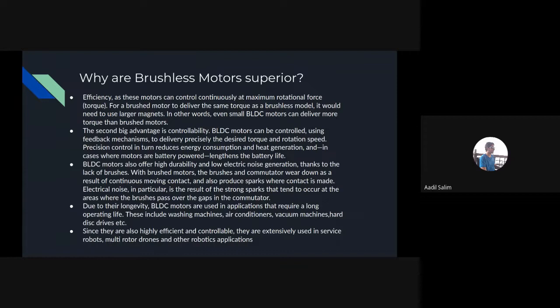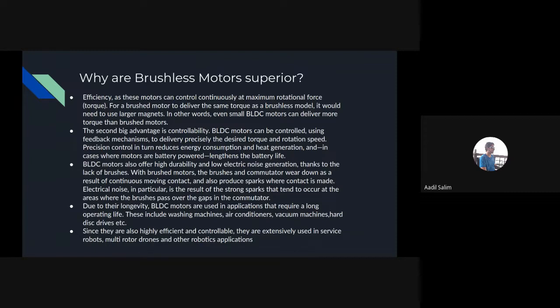Appliances like washing machines, air conditioners, vacuum machines, hard disk drives. These kinds of things have to operate for years without any big trouble or technical issues, without having to replace the motor. And for that, a brushless motor is ideal.